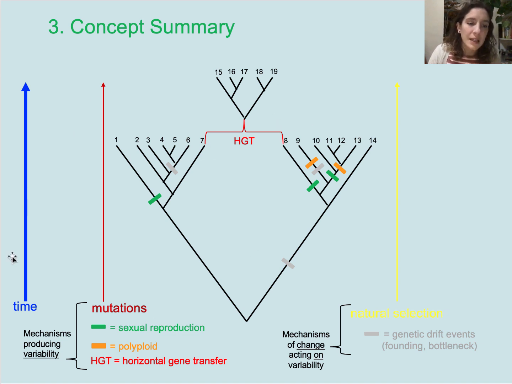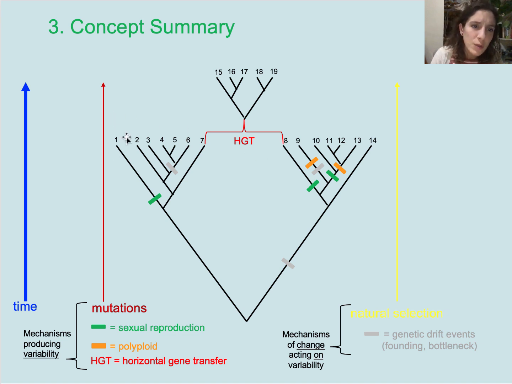On the left side, we have mechanisms producing variability. I know that these are kind of small and this is a detailed chart. What you need to get from here is that we've got changes, and we're able to map these changes on this cladogram or evolutionary tree.